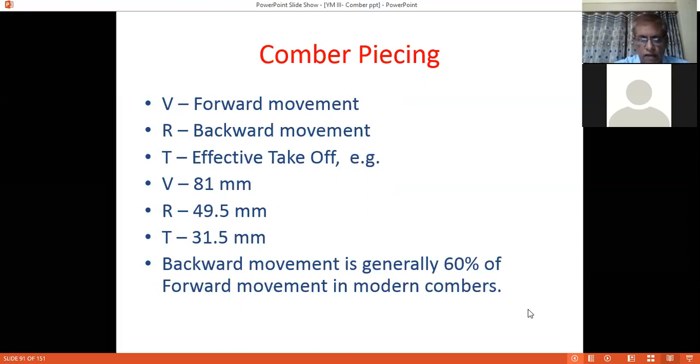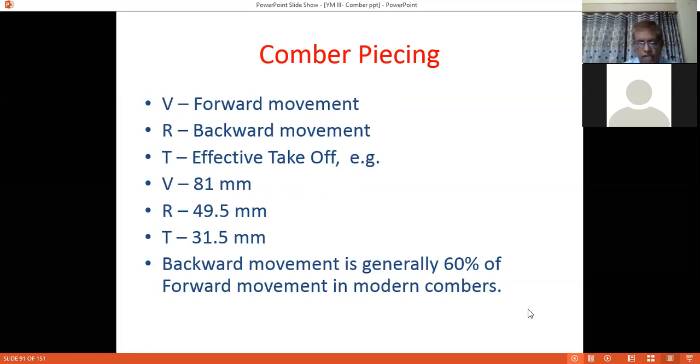So in the comber, different models use different parameters, and this is one example: forward movement is suppose 81 mm, backward movement is suppose 49.5 mm, then effective takeoff will be 31.5 mm.